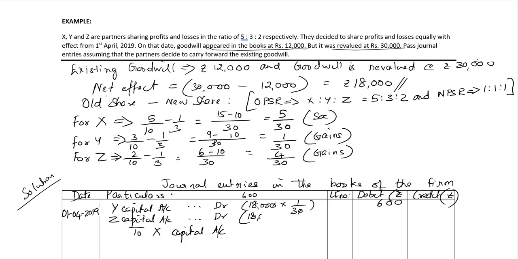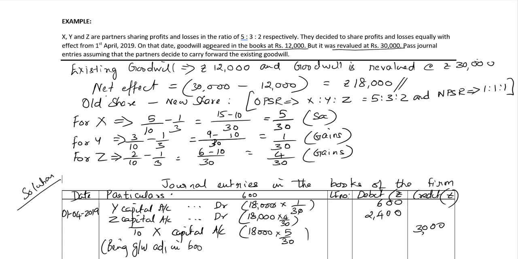Z will be debited with the net effect 18,000 into 4 divided by 30, which is 2,400, and X will be credited with 18,000 into 5 divided by 30, 3,000 rupees. And the narration being goodwill adjusted in books after carrying forward the existing goodwill.